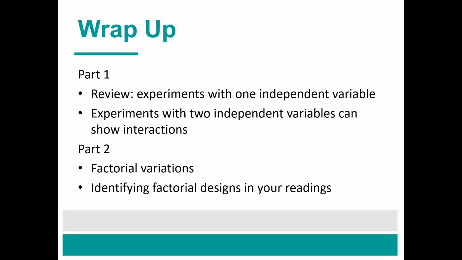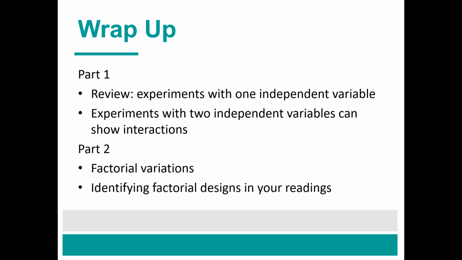So let's wrap up the first section of this chapter. We began by reviewing experiments that simply use 1 independent variable. These simply look at the main effect of that variable on the outcome, or dependent variable. We then began our discussion on experiments that have more than 1 independent variable.